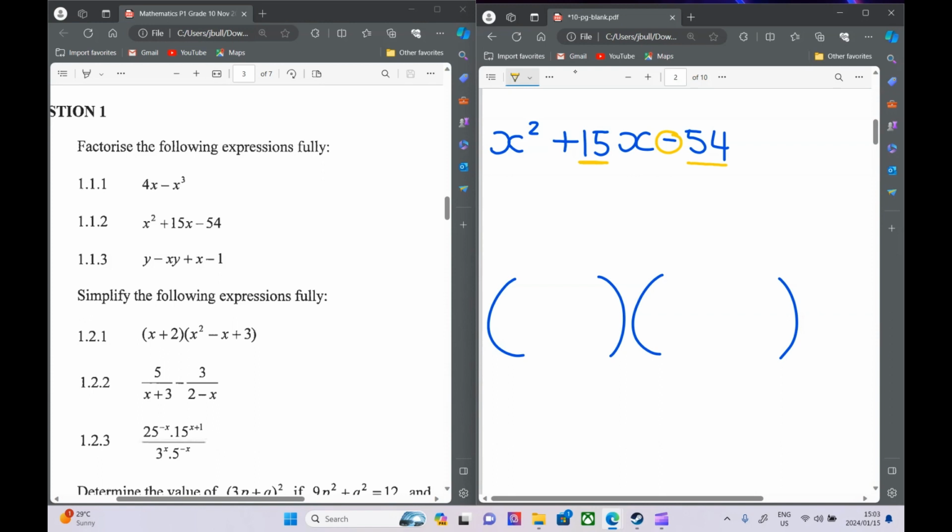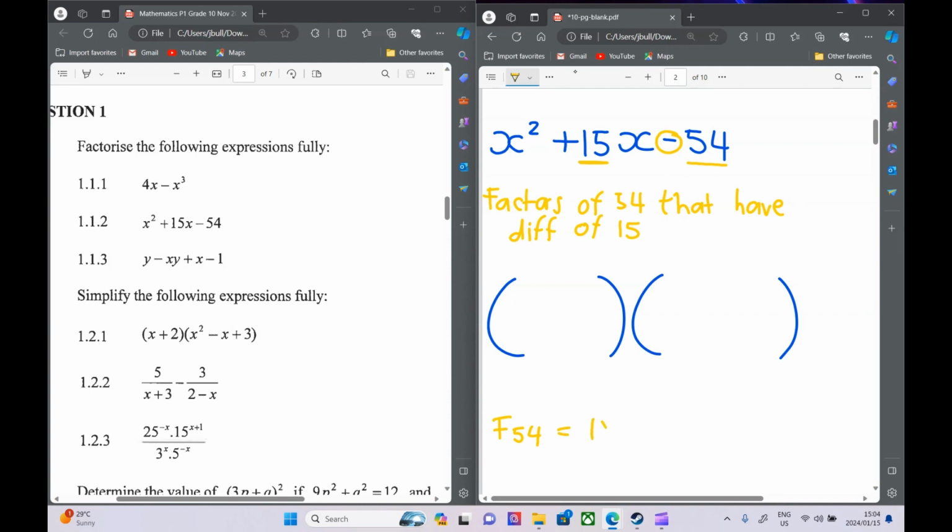Let's write that somewhere so we have it in the back of our head: numbers that go into 54 that have a difference of 15.